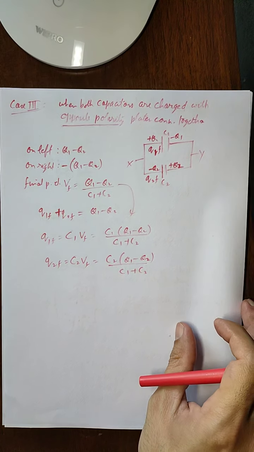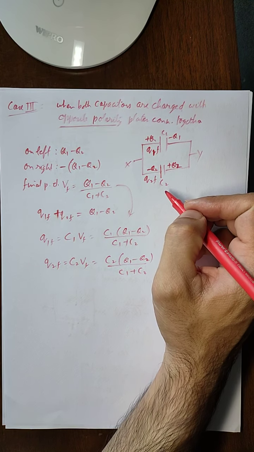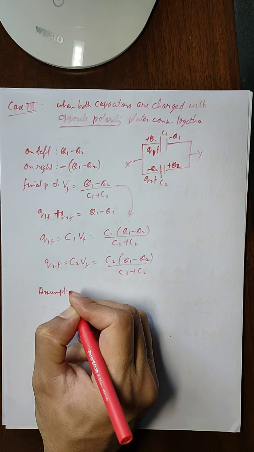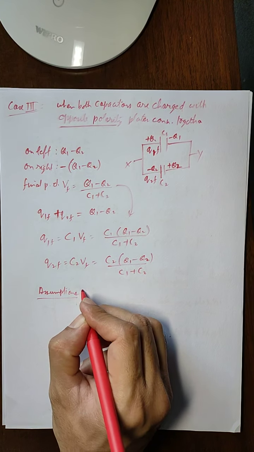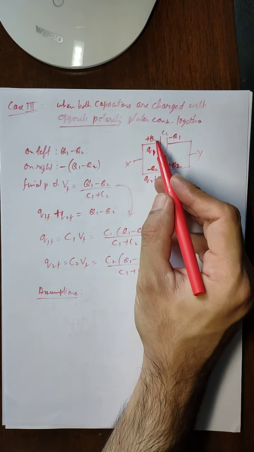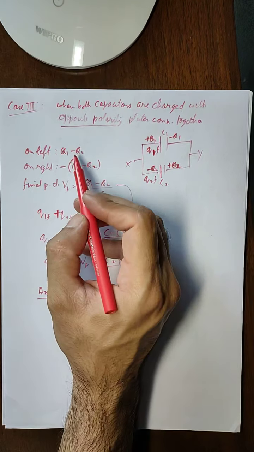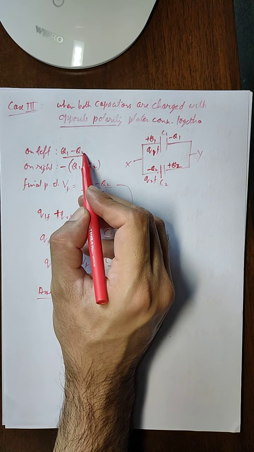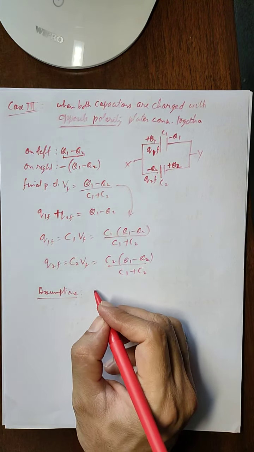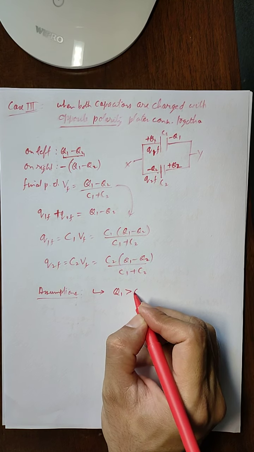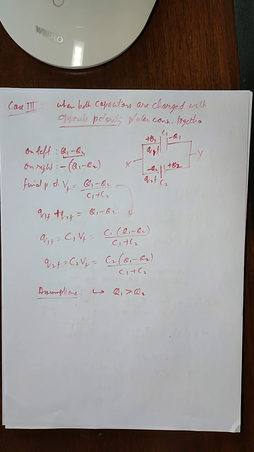Now in this particular case, we have assumed a couple of things. I'll write it here separately so you can note it down. The first assumption we took is that the charge Q1 on this plate is greater than the charge on this plate, because we took Q1 minus Q2 and we assumed that this is the positive charge. So our first assumption is that charge Q1 is greater than charge Q2.